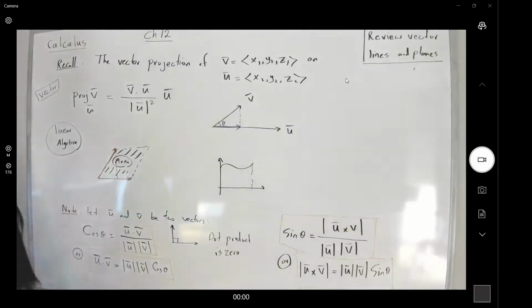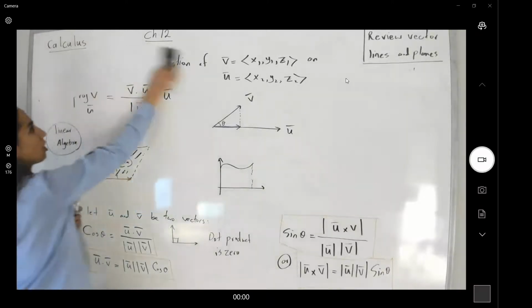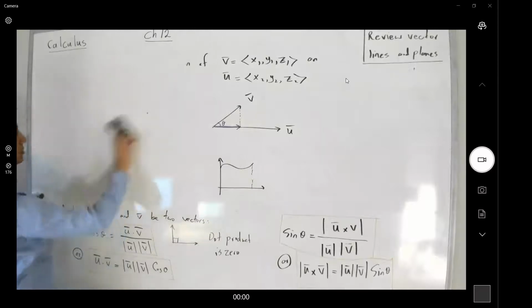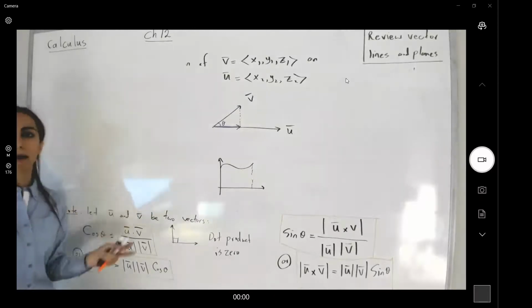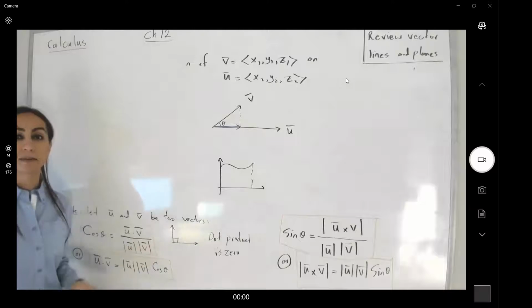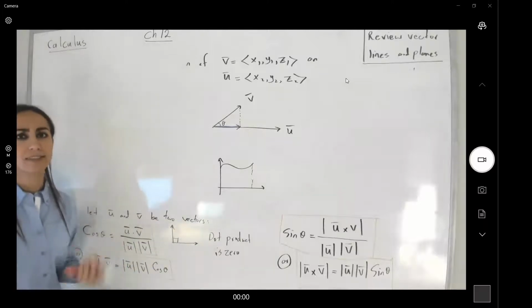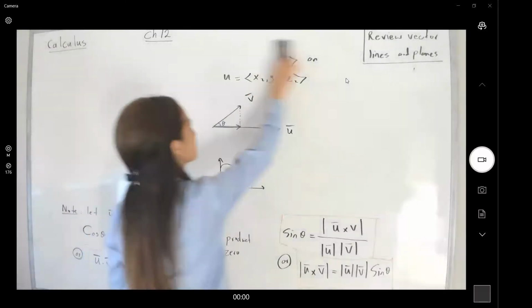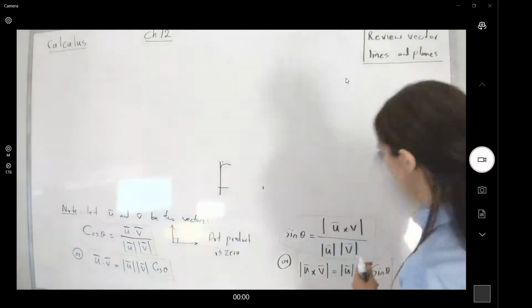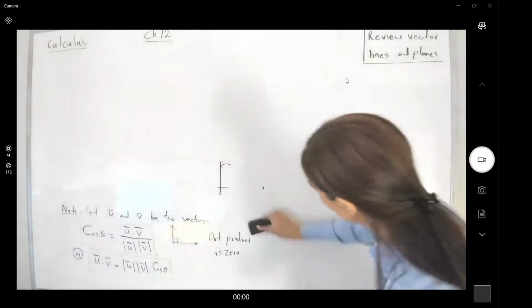Okay, very well. So we talked about vectors, we talked about operations between vectors. Now we're going to expand our knowledge to lines and planes and eventually surfaces in the space. This is our goal. Lines and planes.